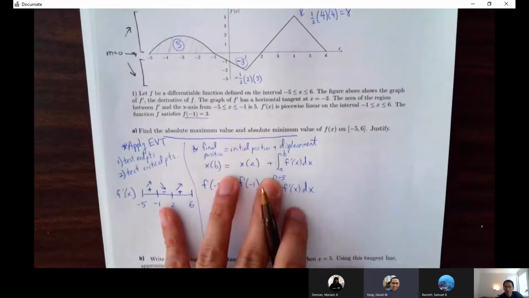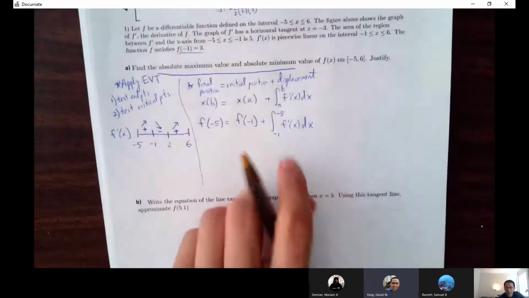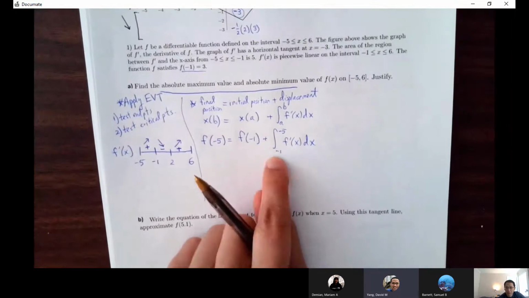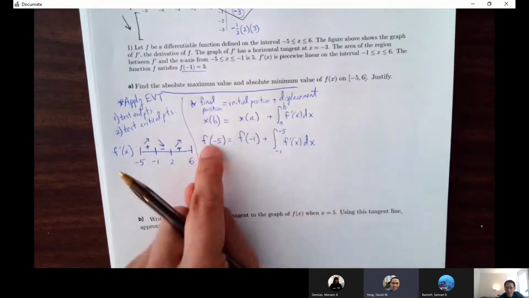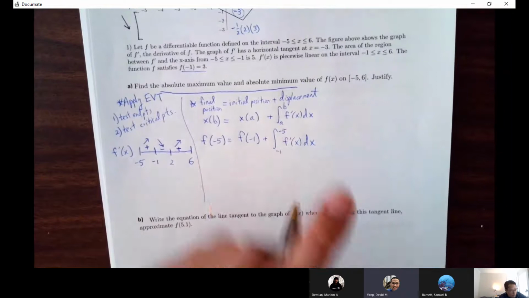All right, I think we have enough information to fill this in here. But the issue right now is that the integral from -1 to -5 is kind of backwards, right? But we definitely need to start here because we're starting at -1 and we're ending at -5. But it's easier to read if we're not having to look at this backwards.